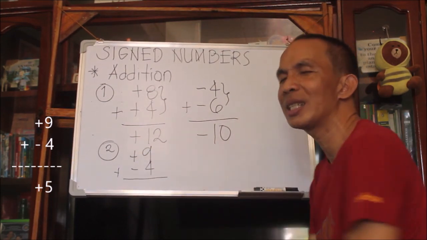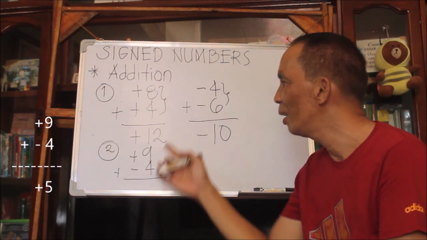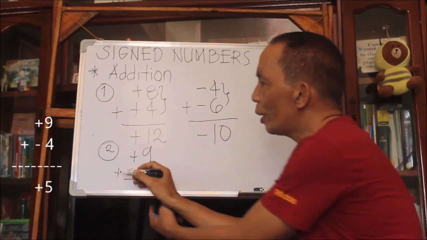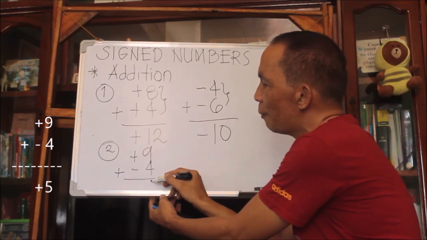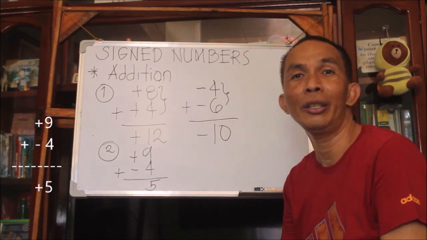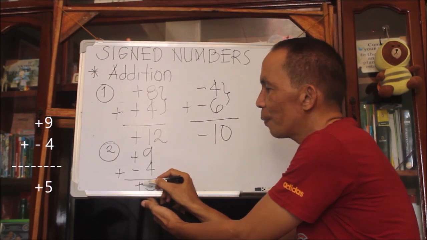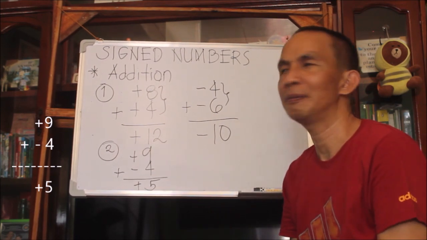In this case, the numbers are carrying unlike signs. So all you have to do is subtract. 9 minus 4 is 5. Then get the sign of the larger valued number, which is 9, and the sign is positive.